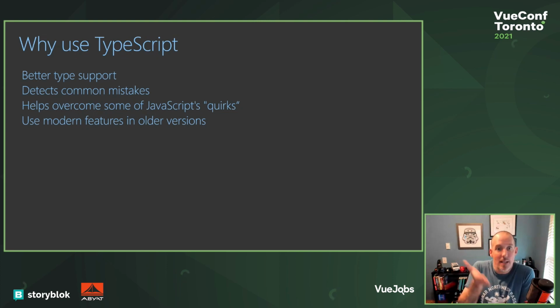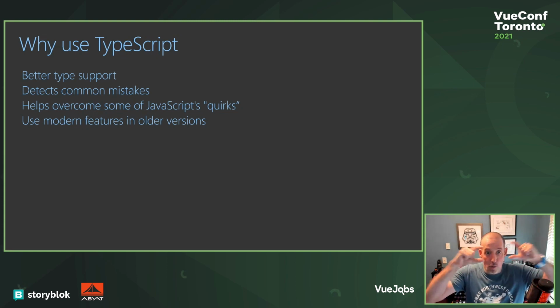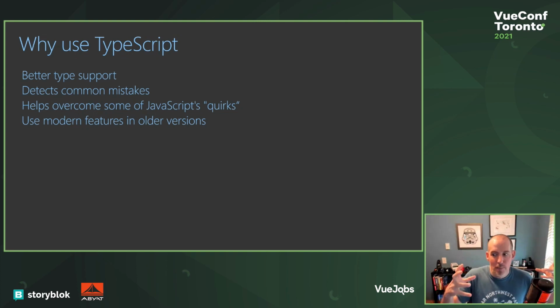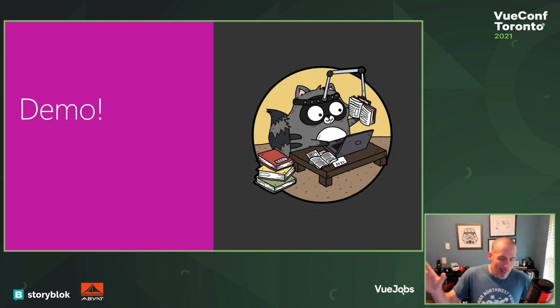Fortunately, because TypeScript is going to compile down into JavaScript, it is going to eliminate that for you. You're going to be able to write the TypeScript, take advantage of all the features that you want, and then it will appropriately thunk down to the version of JavaScript that it's going to run. Okay, enough talking.